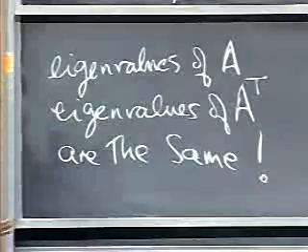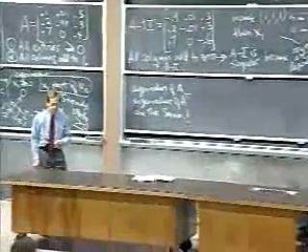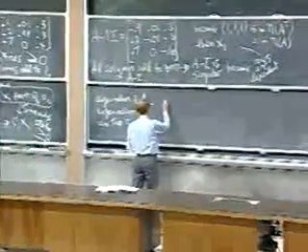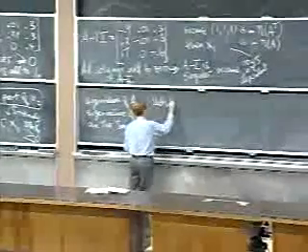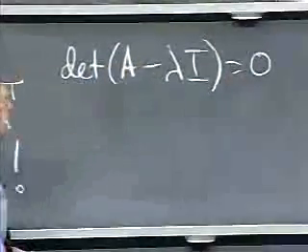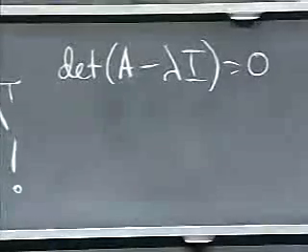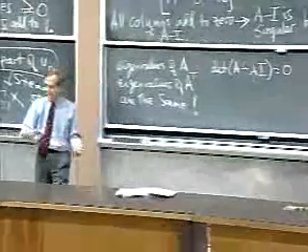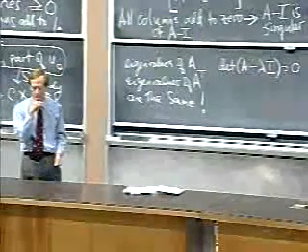And can I just review why that is? So to find the eigenvalues of A, this would be determinant of A minus lambda I equals 0. That gives me an eigenvalue of A. Now, how can I get A transpose into the picture here?